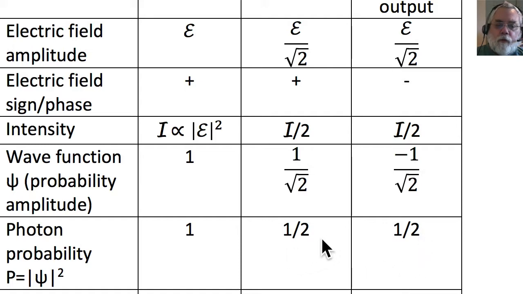So if we were to put a detector in the top path, it would have 50% chance of detecting a given photon. And if we put a detector in the bottom path, we would get 50% chance of detecting a given photon. But we're not going to put detectors in those paths. We're just going to work from the wave function psi.